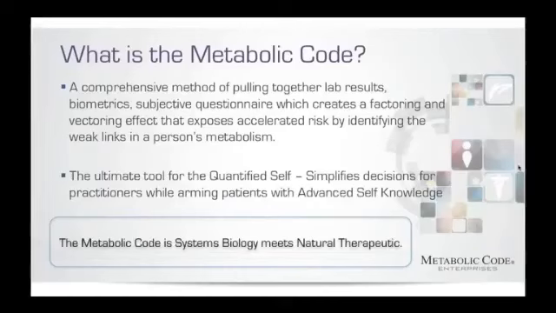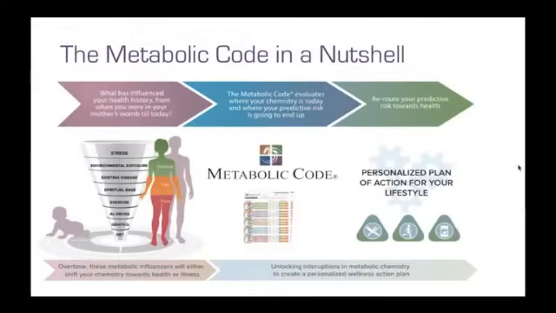So this is, and this is Jim's phrase, I don't want to steal his thunder, but this is the ultimate tool for the quantified self, and it's going to simplify the decisions that you make as a practitioner and also give you the ability to cross the knowledge bridge to them and arm the patient with advanced self-knowledge about that. So it's where systems biology meets natural therapeutics.